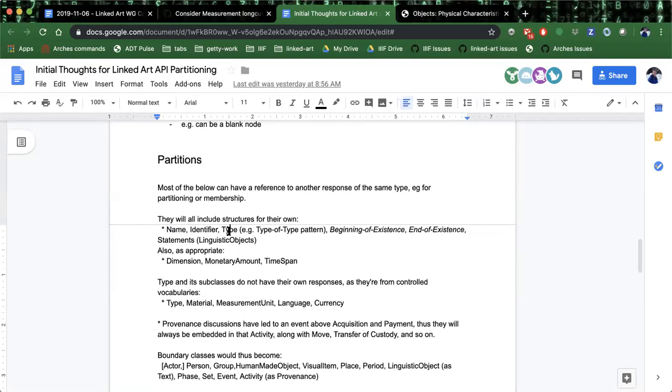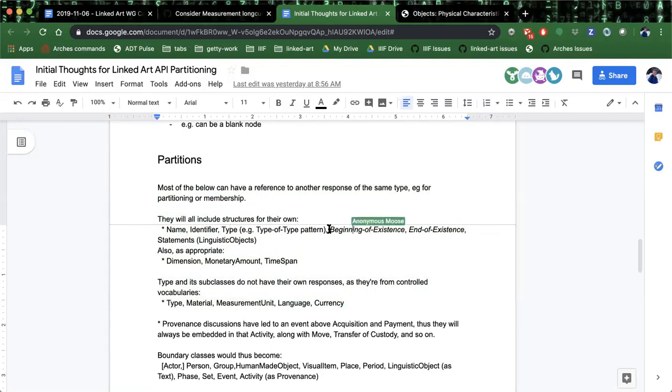Types would always be embedded, such as the type of type pattern that we've been talking about. But the actual description of the type would almost certainly be external. We're not going to embed all of the dozens of names for painting from AAT into every single painting. But the reference to the type and the internal patterns, such as type of type, would be.